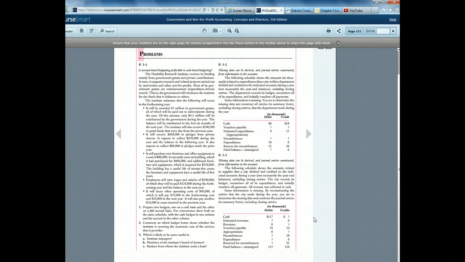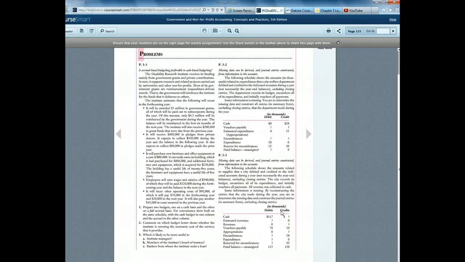Missing data can be derived and journal entries constructed from information in the accounts. The following schedule shows the amounts related to supplies that a city debited and credited to the indicated accounts during a year, not necessarily the year-end balances, excluding closing entries.